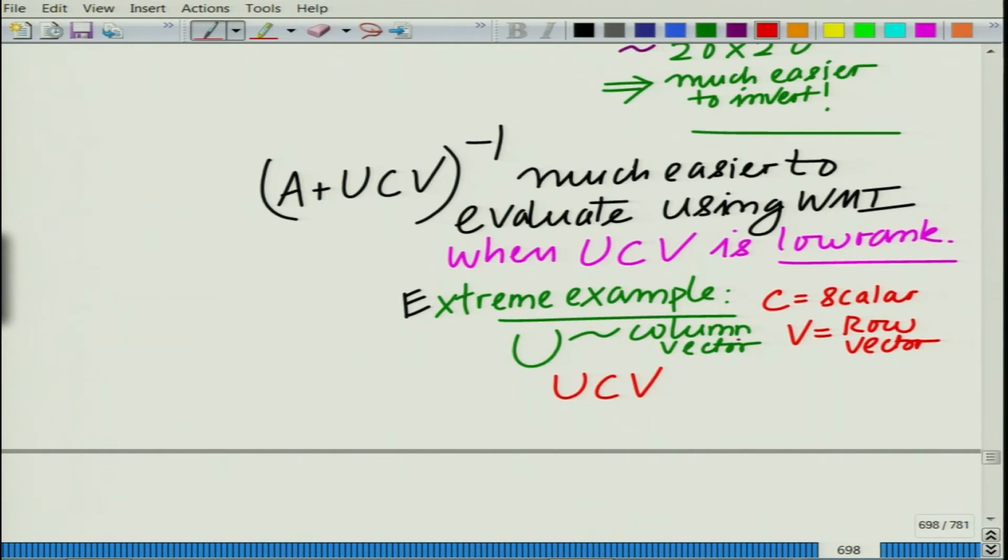UCV has a rank of 1. The size is 500 cross 500, but the rank is only 1 because U is a column vector and V is a row vector. In such scenarios it is very convenient and very attractive to employ the matrix inversion identity for matrix inversion.